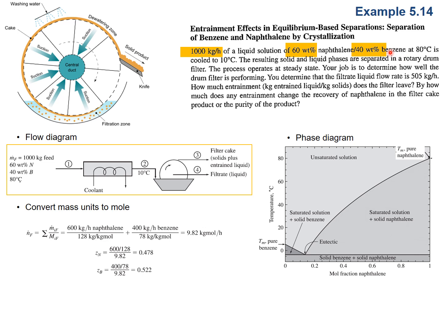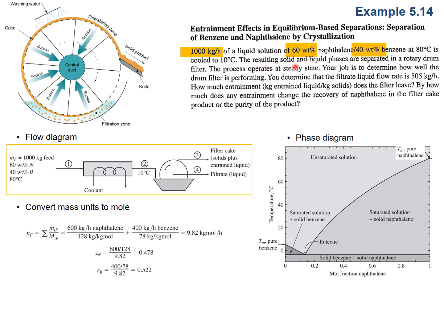The mixture of naphthalene in benzene at 80 Celsius degree would be a single phase solution where the naphthalene is totally dissolved in benzene. And then we cool down the mixture to 10 Celsius degree. Then the single phase liquid is split into two phases. One is naphthalene solid, and the other is a saturated solution of naphthalene in benzene.